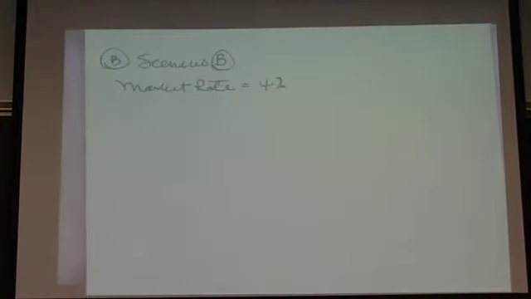So for scenario B, let's assume that the market rate happens to be 4%. Now, the stated rate never changes. If we think about it, bonds are normally contemplated and approved by the board of directors at some point in time.